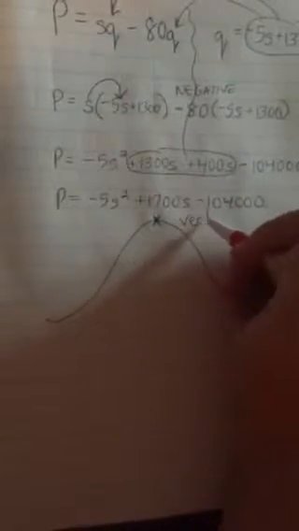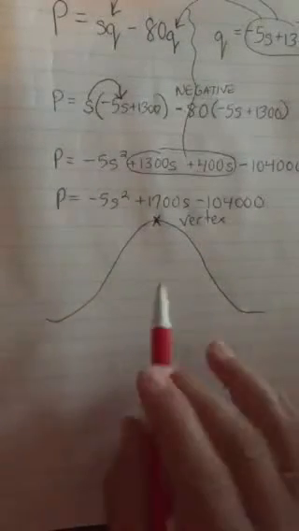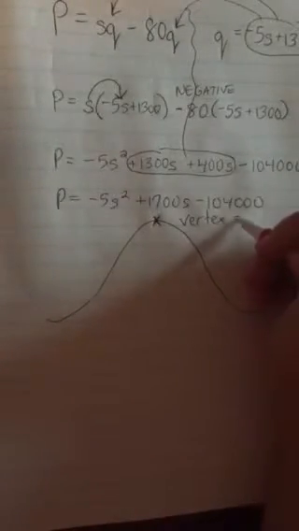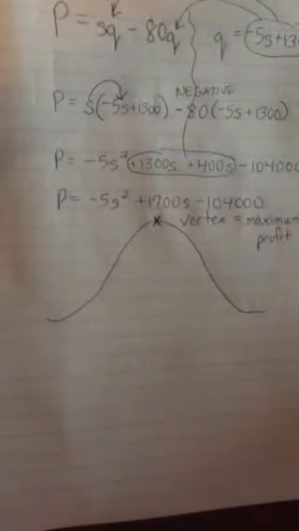And the peak of the parabola here is the vertex. And that's the highest point that the graph will ever be. So if that's the highest point that the graph will be, then that is exactly where our maximum profit will be for selling the toy.